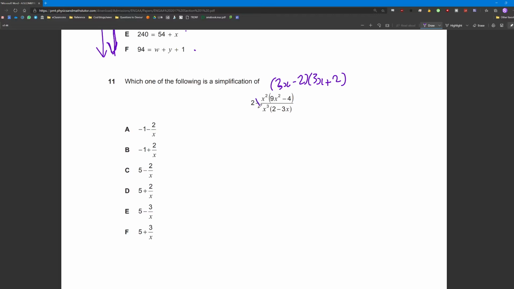So this minus sign and this cancel out with this. And this x squared cancels out with this x cubed to get x on the bottom. And you just have 3x plus 2 remaining. So it's 2 plus 3x plus 2, or 3x plus 4 over x, or 5 plus 2 over x.